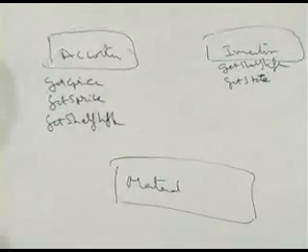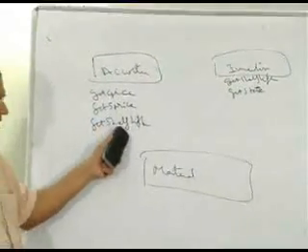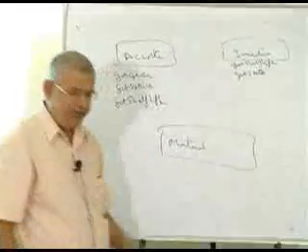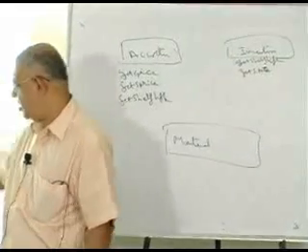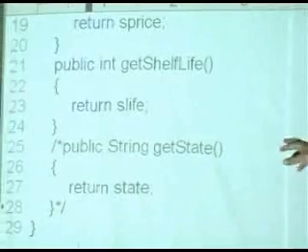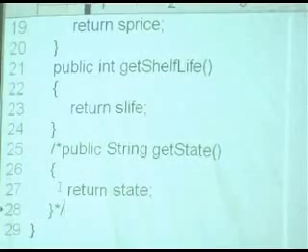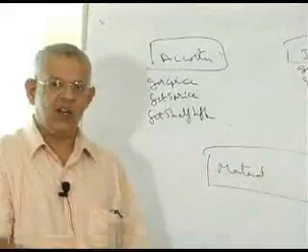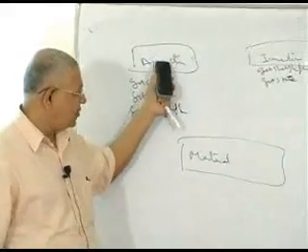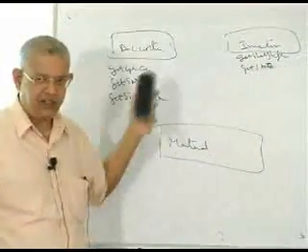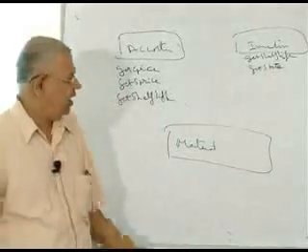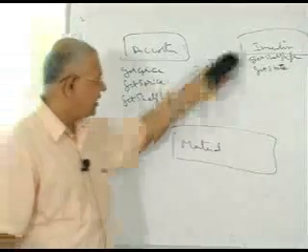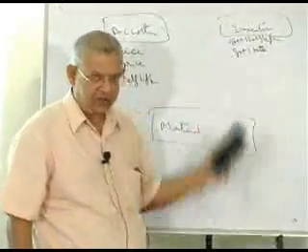But while it has a body for all the methods in this interface, and of course get shelf life, as you can just see in material.java in a moment, we actually have commented out the get state, meaning the class material has violated a contract that it was supposed to implement all the methods of this and this interface, but it has not done that. It has implemented all the methods of this, and it has implemented only one method of this.